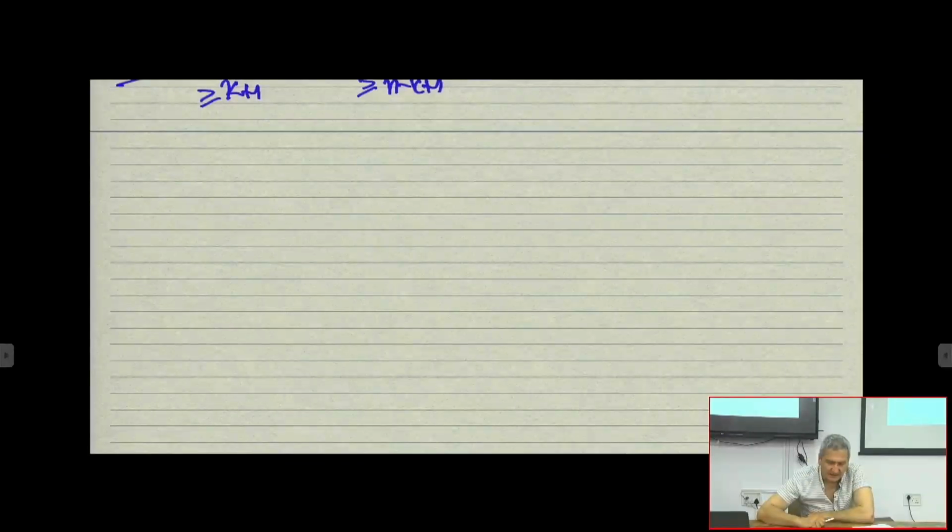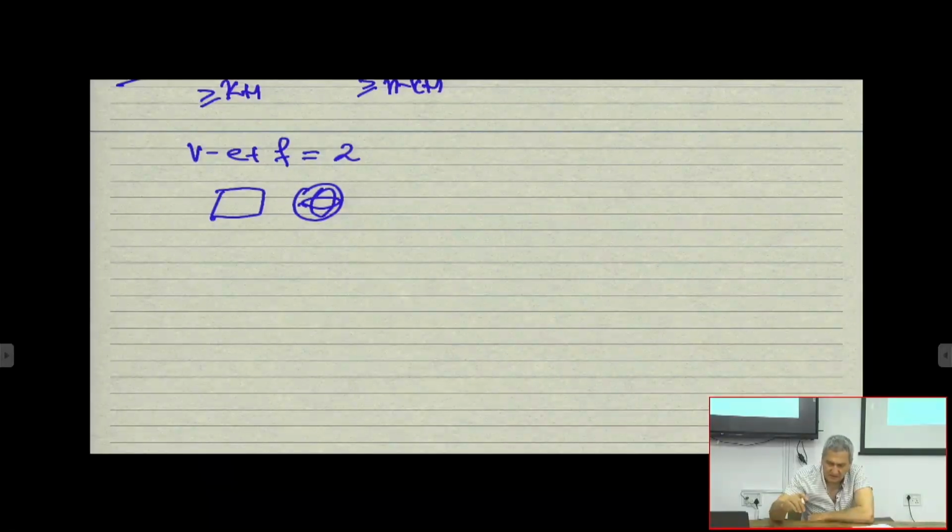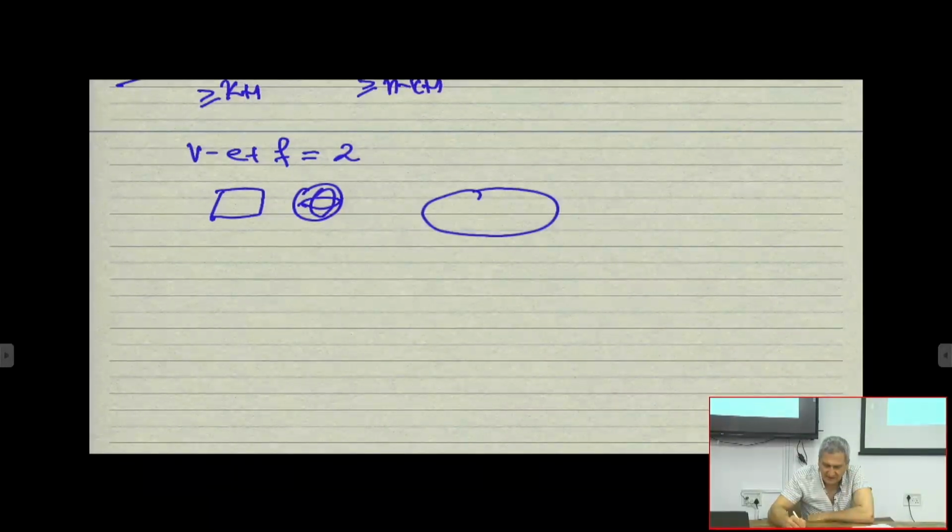On the sphere, on the plane, we have the Euler formula V minus E plus F equals 2, yes? But we can also have a graph embedded on the torus. Do you know what a torus is?